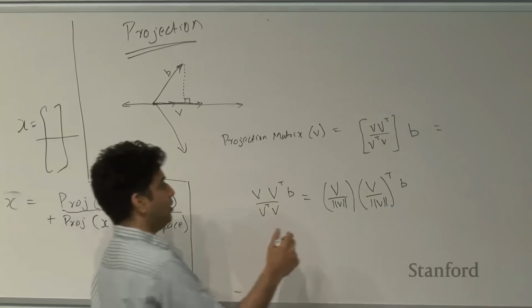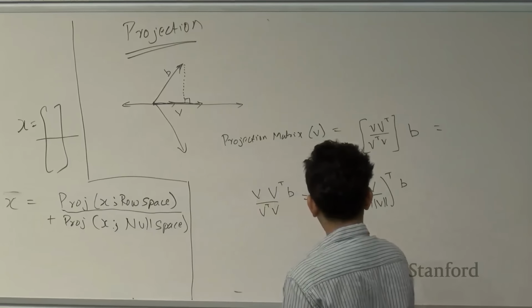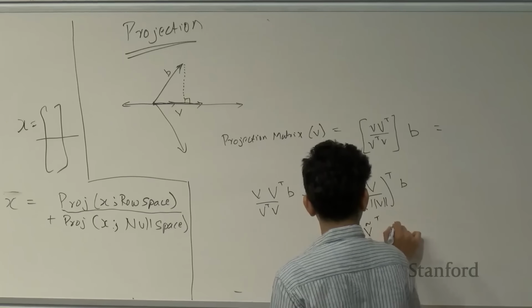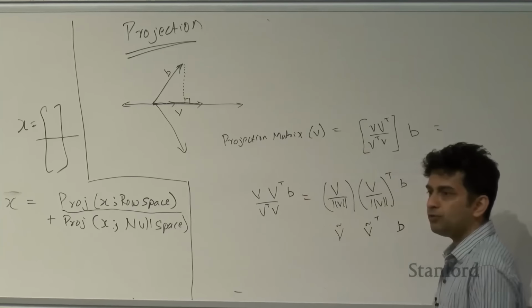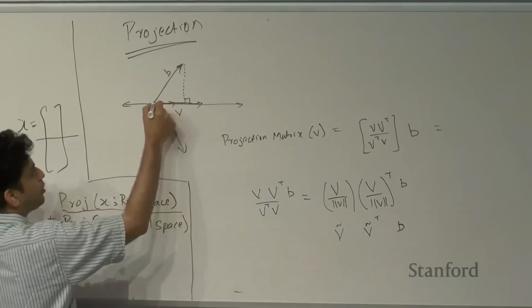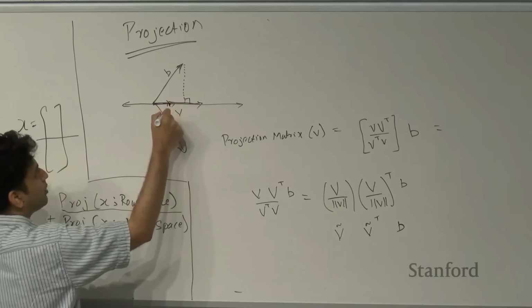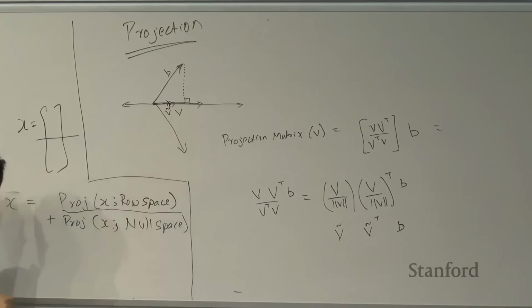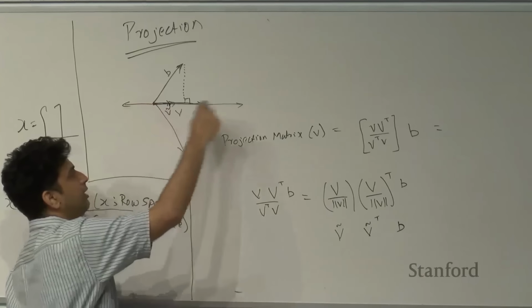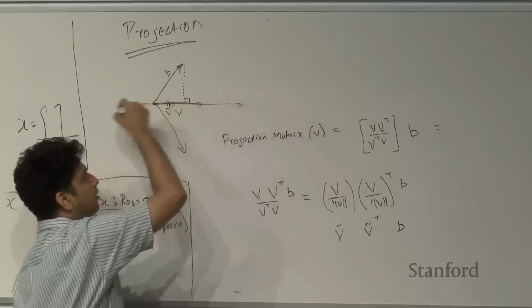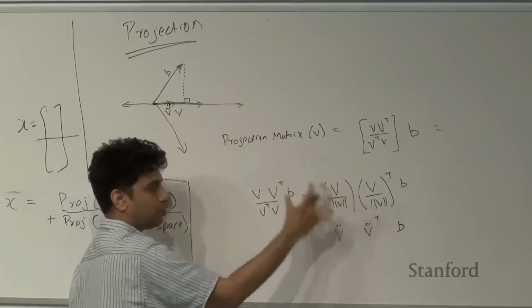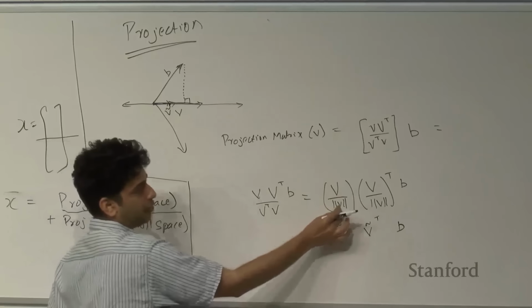So now I'm going to call this say V tilde transpose B, where V tilde is a vector along V that has length equal to 1. Maybe this point over here is V tilde. You can pick any vector along the subspace, and it's always going to result in the same projection matrix because you're rescaling it by the length.